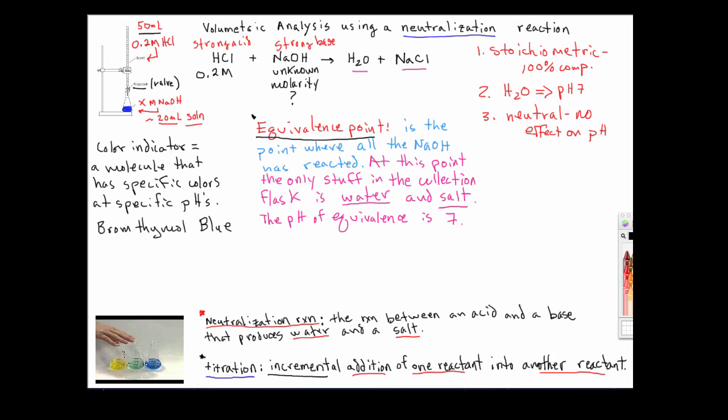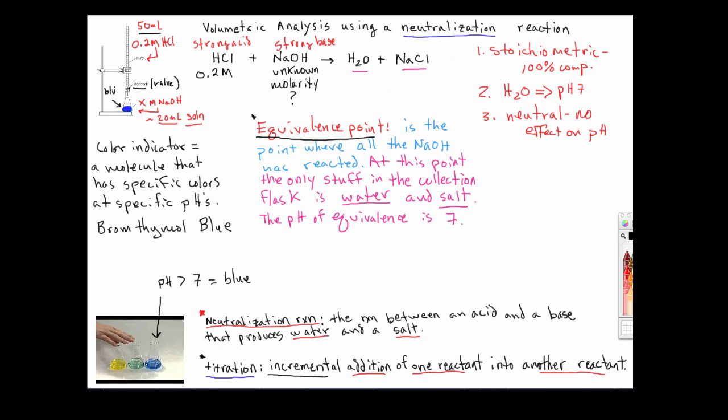And you can see that there are 3 flasks here. The flask on the right is the color of bromethymol blue under basic conditions where pH is greater than 7. All right, so the color is blue. And notice here that I colored the solution in the collection flask blue.